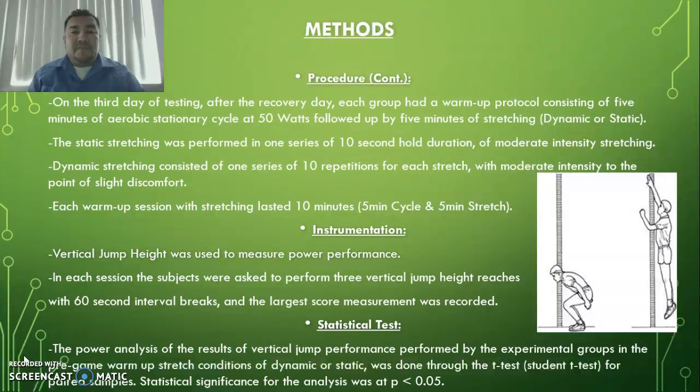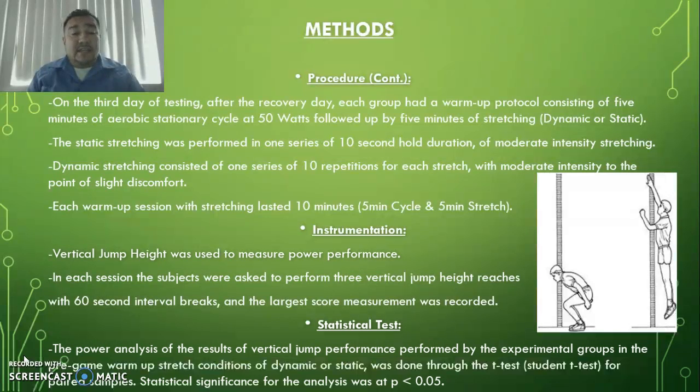the 5-minute stretch. The instrumentation used to measure power performance was vertical jump height. In each session, the subjects were asked to perform 3 vertical jump height reaches with 60-second interval breaks in between, and the largest score of the measurement was recorded.